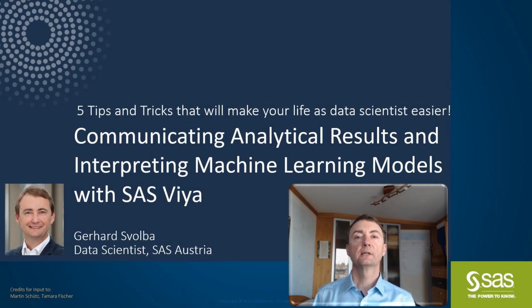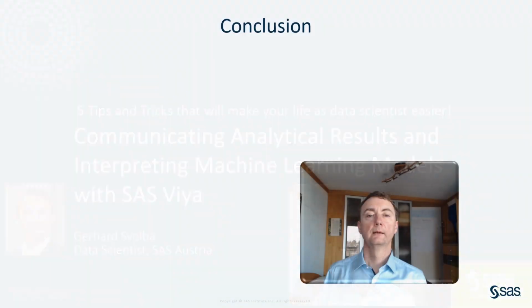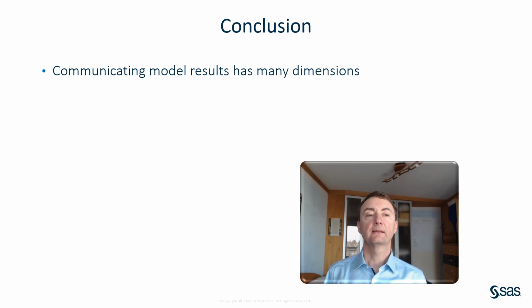In this webinar series, I've presented a collection of tips and tricks on how you can better interpret your analytical results and communicate your machine learning models. The conclusion is that communicating model results has many dimensions. It is not just one method or one graph or one interpretation chart. It has, depending on the needs of your business user, a different flavor depending on your organization and your respective business problem.